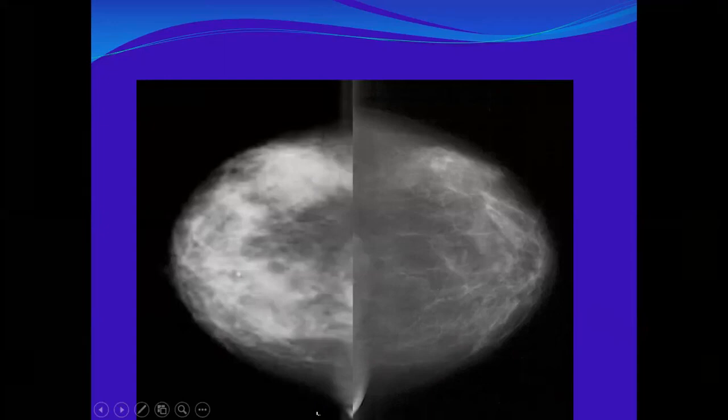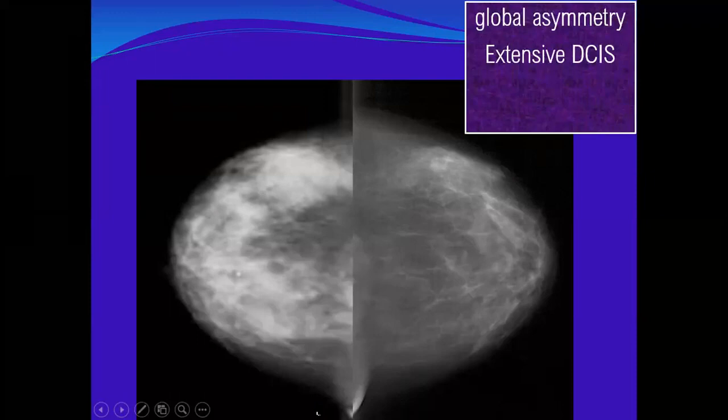Ductal or lobular. Or DCIS, yes, when you have extensive carcinoma in situ. DCIS plus or minus invasive. This global asymmetry might be due to extensive ductal carcinoma in situ.